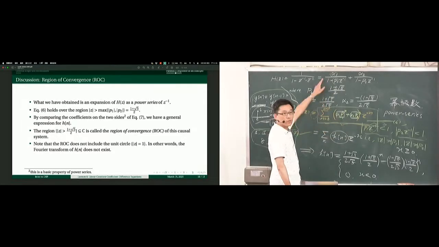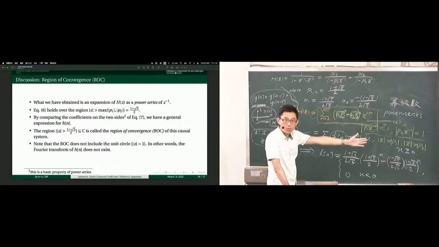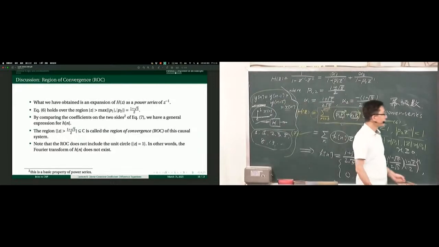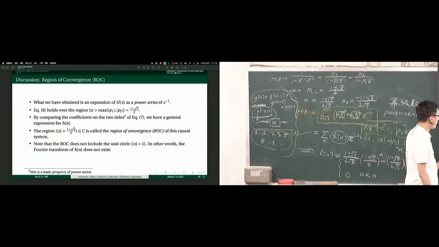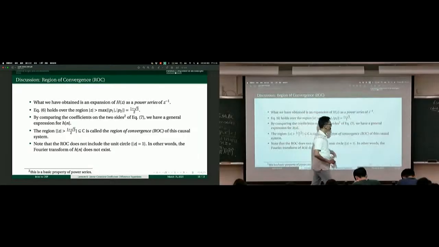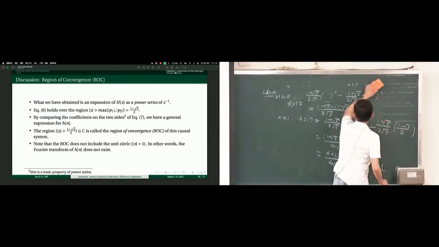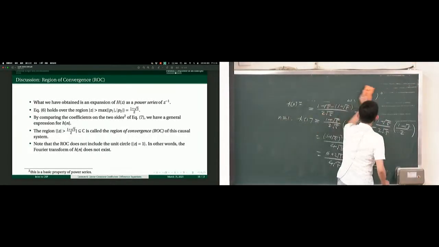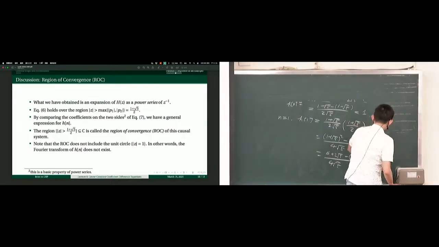It holds only over this region, which we call ROC, the region of convergence of this system, which is outside the circle, z absolute value greater than that. Let's take a look. We can also try to make a sketch of this region of convergence.